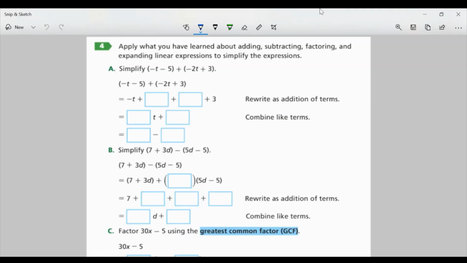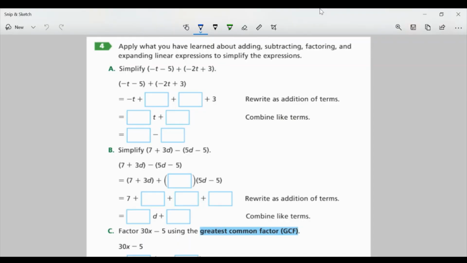Number 4, apply what you have learned about adding, subtracting, factoring, and expanding linear expressions to simplify the expressions. So part A, simplify negative t minus 5 plus negative t plus 3, right? And those two sets are in parentheses.